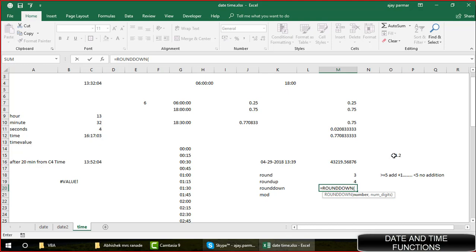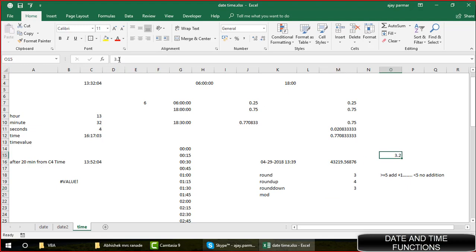This picks up the number and returns the part before the decimal. So if I write 3.9 here, even then you won't find ROUNDDOWN changed. What comes after the decimal does not matter.